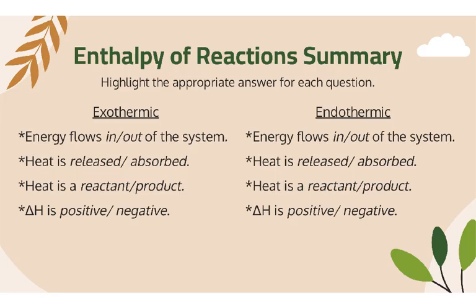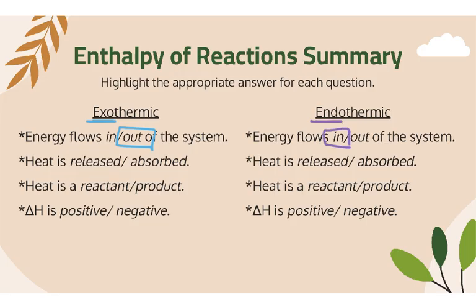So highlight the appropriate answer for each question. So exothermic, and again, I always try to remember exo means exit. So energy is going to flow out of the system. Endothermic, energy is going to flow in to the system.